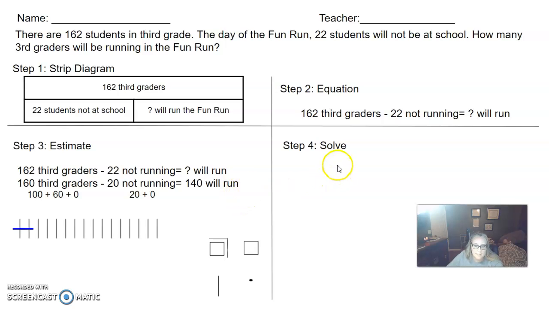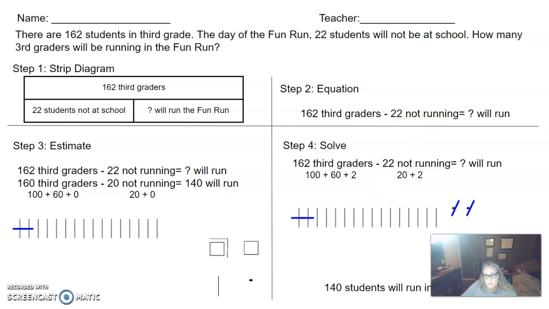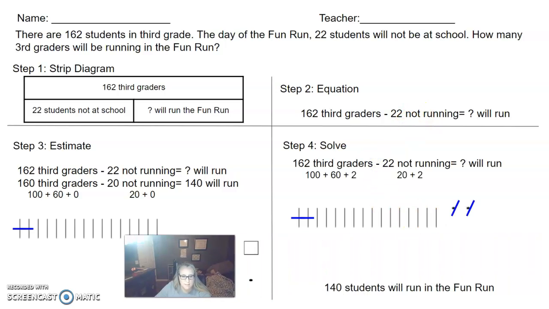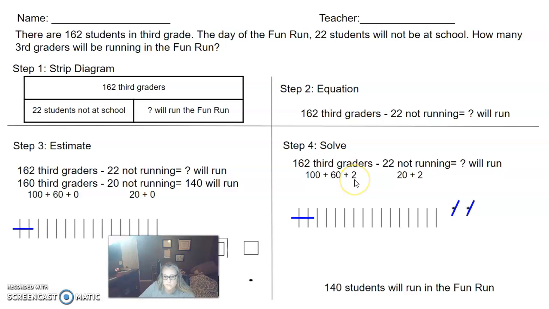So the last thing I'm going to do is actually solve this problem, and I'm going to do the same exact thing. I'm going to use my equation, I'm going to use my base 10 model, and then I'm going to show that I'm solving it by crossing off my 22. So when I do that, let me move my camera. You can see 162 is broken up into 100 plus 60 plus 2.